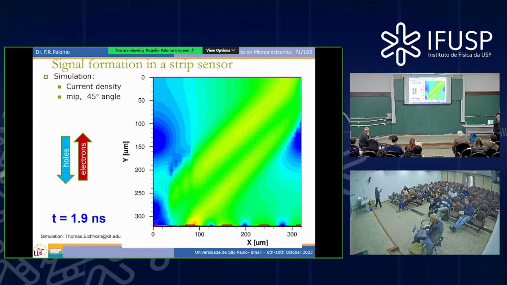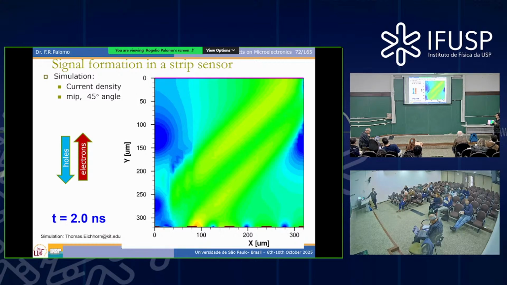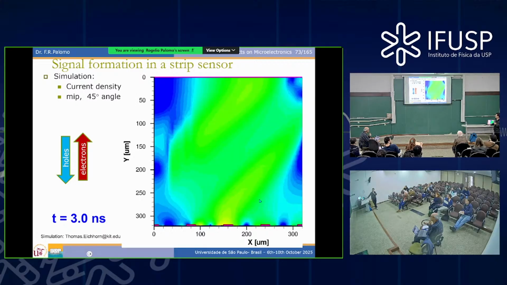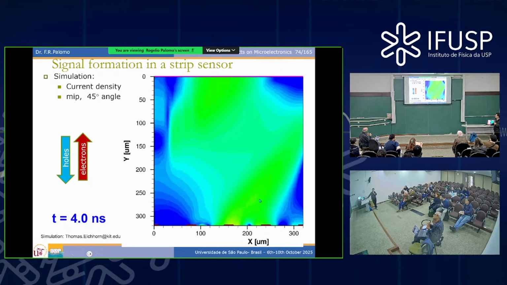By distinguishing at the analysis level which is the electrode with the positive signal, we locate the vertex, or we locate the track or whatever. 2 nanoseconds, 3 nanoseconds. The event is almost finished.